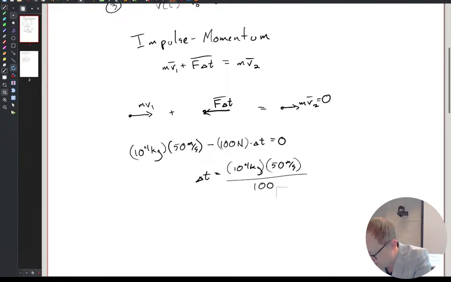And newtons are kilogram meter per second squared, right? How long do we need to fire the thruster?